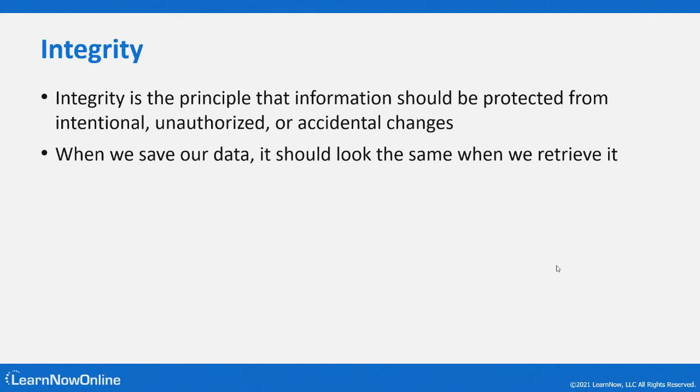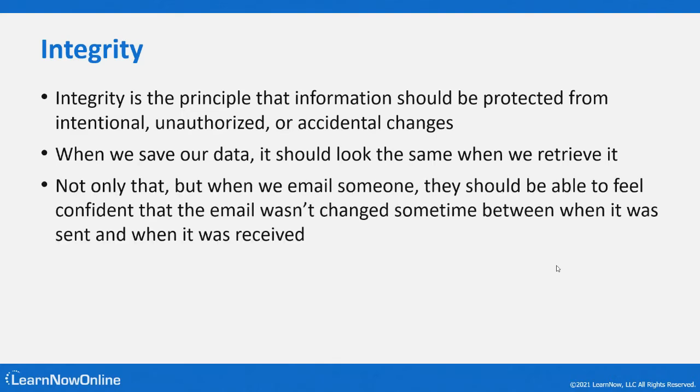It shouldn't have been modified by someone else without our approval. Not only that, but when we email someone, they should be able to feel confident that the email wasn't changed sometime between when it was sent from our computer and when it was received by their device. We want to make sure that in transit, that message wasn't changed.